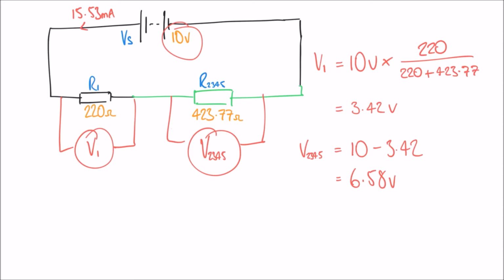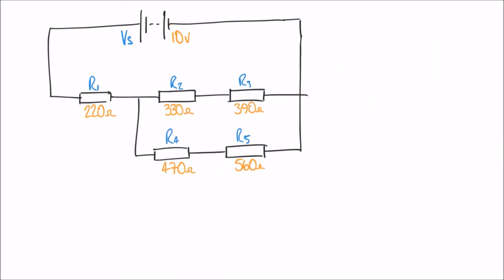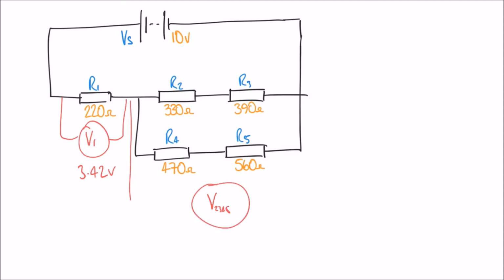We can go further though if we return to our original diagram. So now we can say, first of all, we know that again V1, the voltage across this one resistor here, is 3.42 volts. And we can say that the voltage across, if you can imagine a voltmeter measuring across this whole section of the network here, V2345, that voltage is the other voltage that we calculated, 6.58 volts.